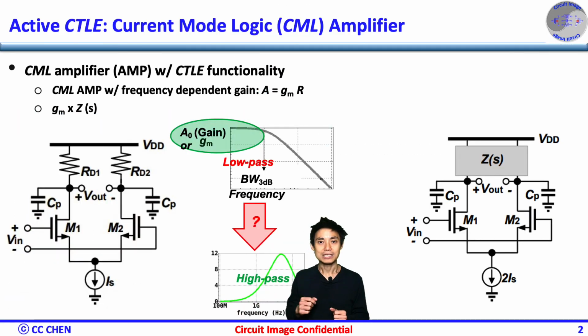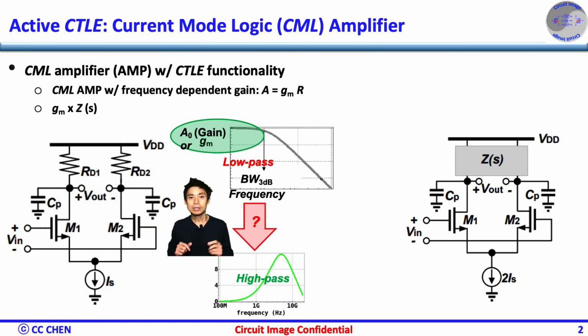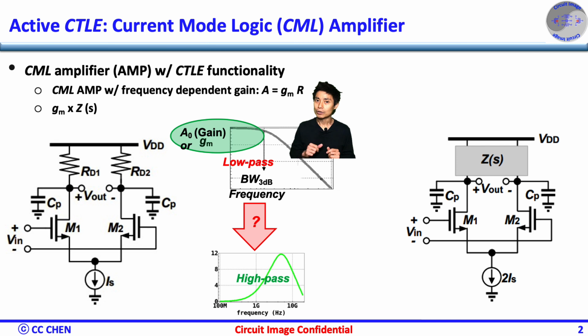For the active CTLE and the receiver front end, we will use the Current Mode Logic (CML) amplifier. First of all, we know the gain of the amplifier is Gm times R, which is the transconductance of the differential pair transistors times the output load resistance.